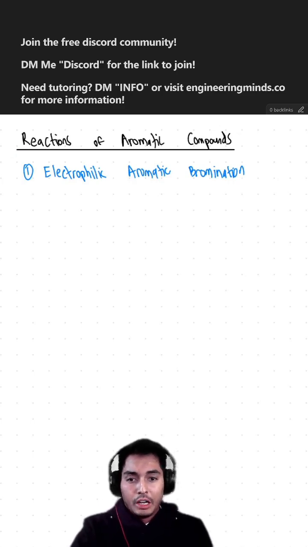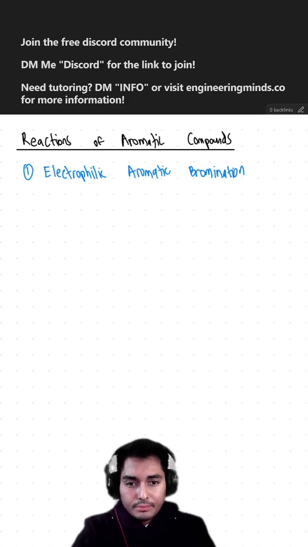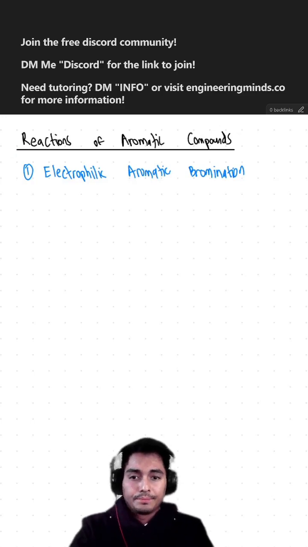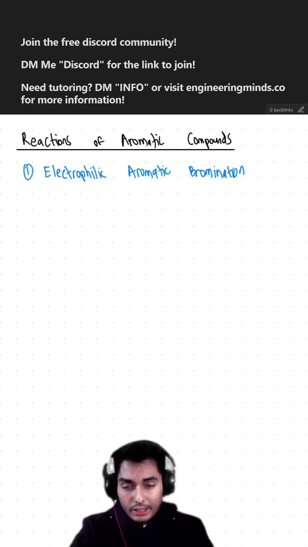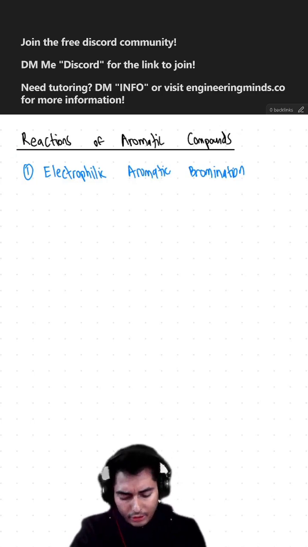Electrophilic aromatic bromination is going to be a mechanism that you're going to encounter in organic chemistry. So anyone taking organic chemistry, let me know. This occurs when we have effectively, let's say, a benzene, or halogenation here of a benzene ring. First things first, I'm going to do a sort of pre-reaction.